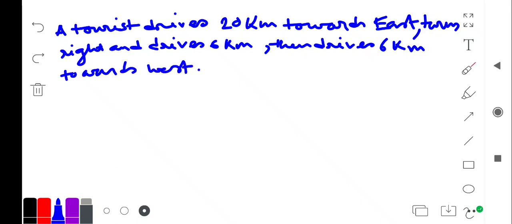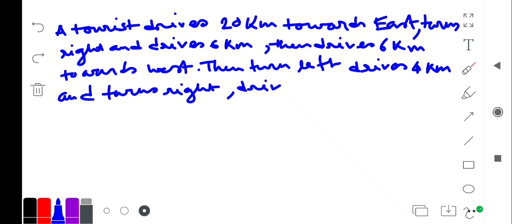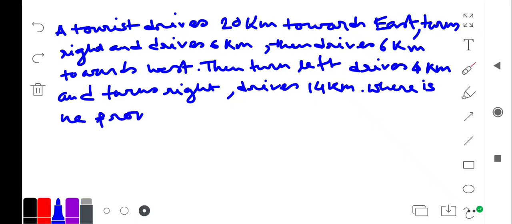Okay, he then turns left, drives, আমি একটু শর্টে লিখছি, 4 kilometers, and turns right, drives 14 kilometers. Where is he from his starting point? কোথায় সে, কত দূরে আছে স্টার্টিং পয়েন্ট থেকে?